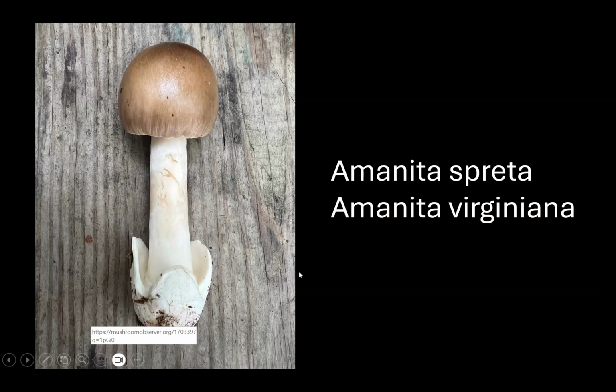But once this matures and the cap opens, there should be a veil under it, and it's a member of the section Caesareae, Amanita spreta, and the volva too would give it away for those familiar with that section, the lobe shapes of the volva. But otherwise, you could see how someone might mistake it for Amanita section Vaginatae.